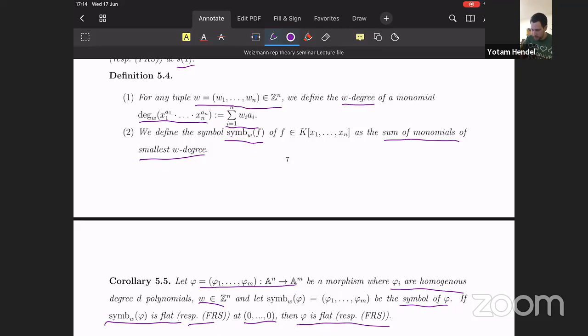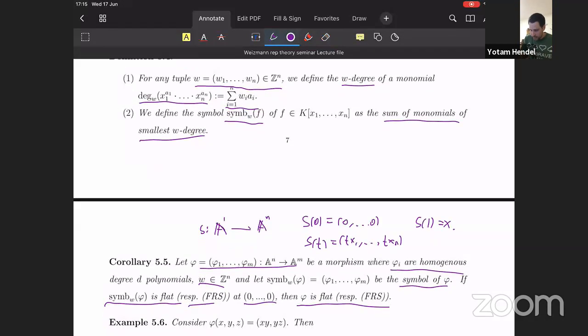And this is because I can just take some section going from A1 to X tilde such that S of 0 would be, in this case, just A^n. So S of 0 is 0, and S of t is tx1 up to txn. So S of 1 is the point I started with.